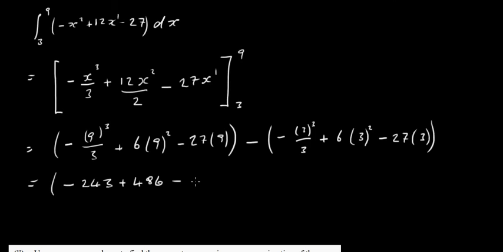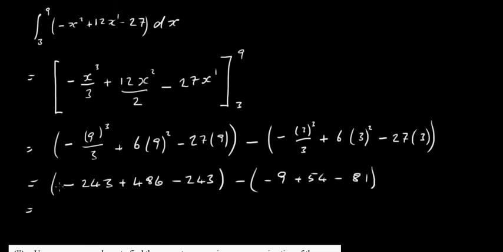You've got 9 times 27, so that's 243, and it's minus as well. Over here then you just do the same thing again, so this is 27 divided by 3, so that's just going to be 9. Here we have 3 squared, that's 9, and 6 nines then is 54, so we've got plus 54 here, and then we've got 27 times 3, which is just 81.